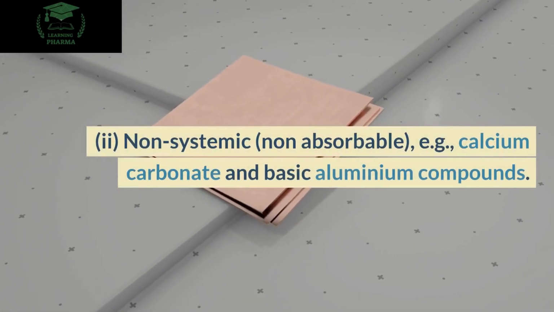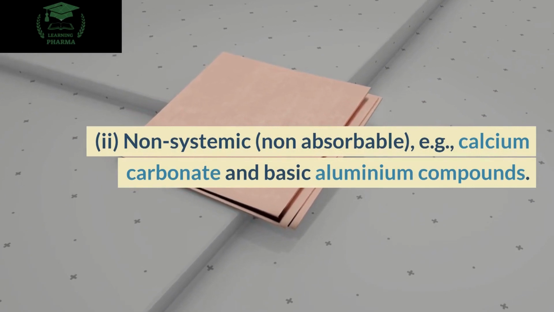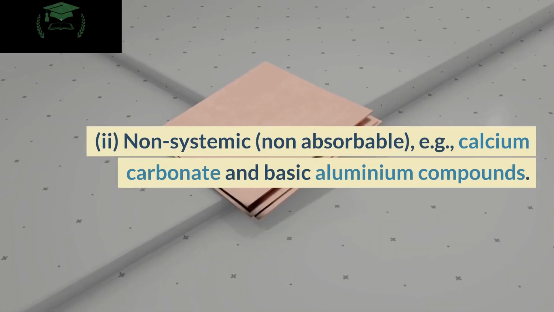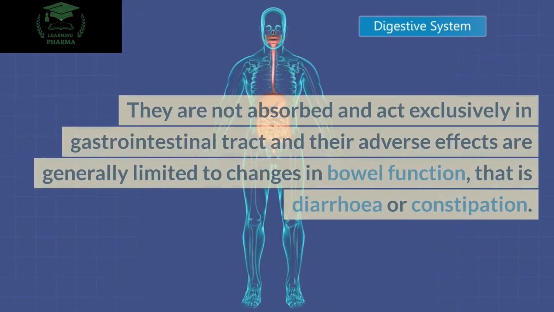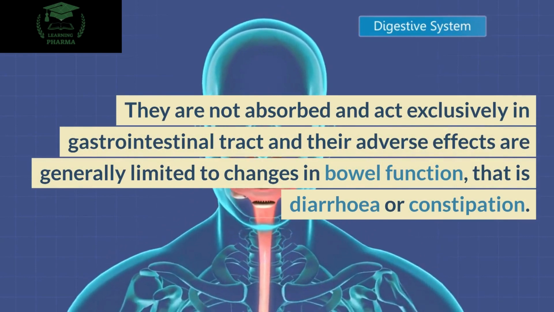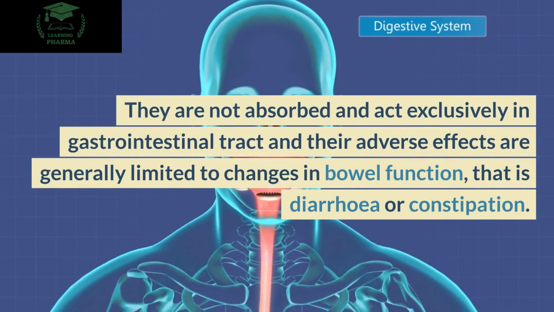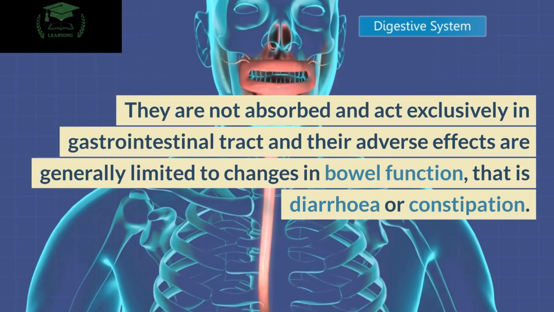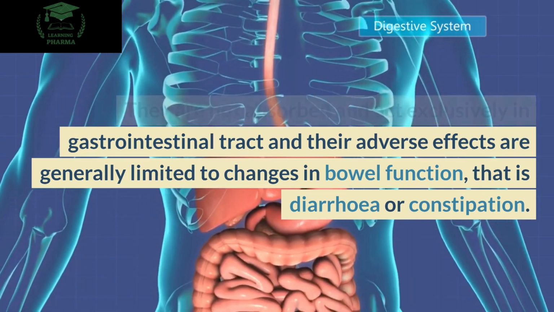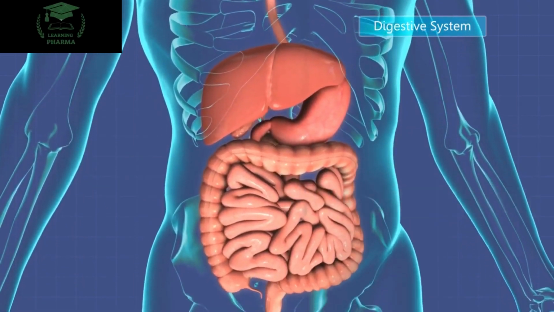Non-systemic, non-absorbable, for example, calcium carbonate and basic aluminium compounds. They are not absorbed and act exclusively in the gastrointestinal tract, and their adverse effects are generally limited to changes in bowel function, that is diarrhea or constipation.